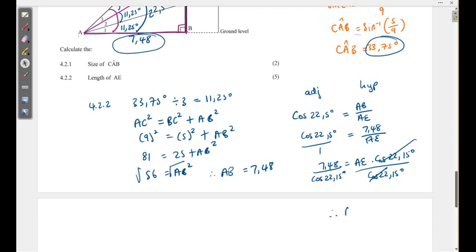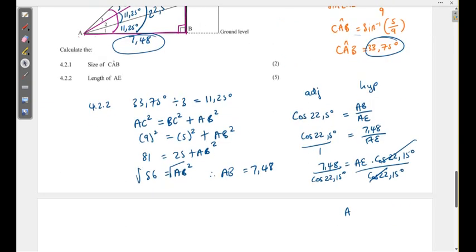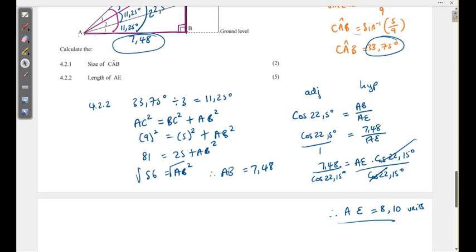Therefore, your AE will be 7,48 divided by cos 22,5. You shall get it as 8,10 units. AE will be 8,10 units there. Therefore, you have answered the question. You get your full 5 marks.